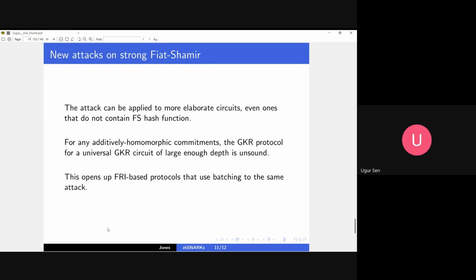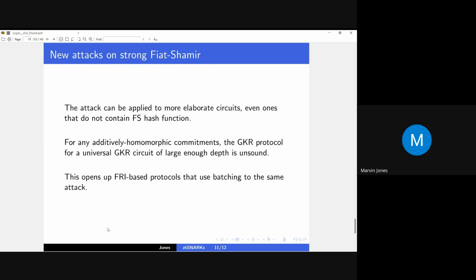If you have the computational trace that they mentioned, maybe that's enough to keep you secure. But right now, it's unclear whether this attack applies.